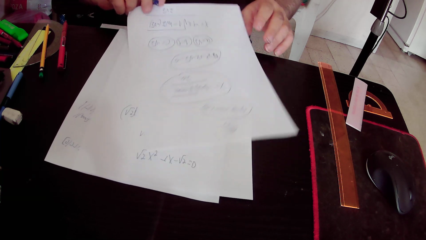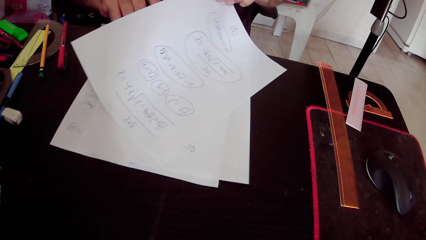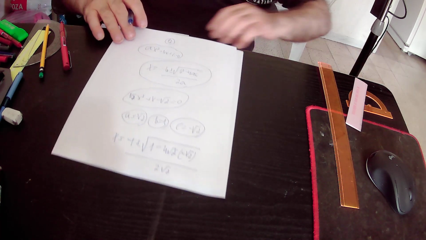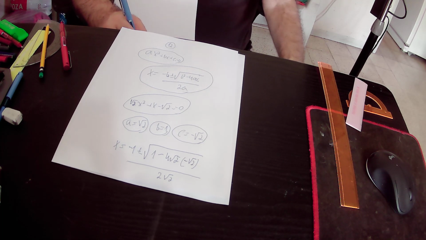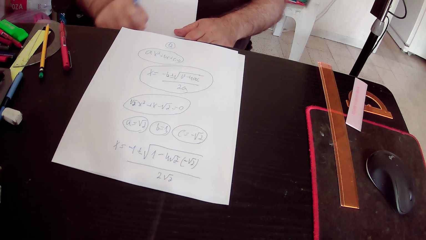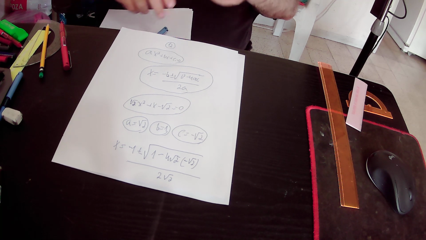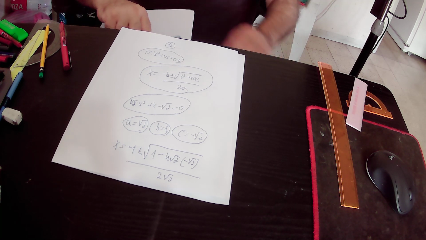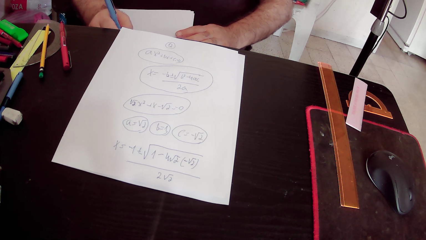So we found that x equals minus 1 plus minus root of 1 minus, first of all, minus times minus is plus, and root 2 times root 2 is 2, so 4 times 2 is 8. So we have 1 plus 8, which is 9, over 2 times root 2.